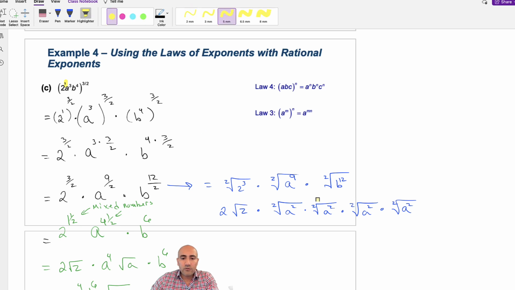So far I had 9 of them, and I've used 2, 4, 6, 8 of them. There's only 1 remaining. So then there's the square root of a to the power of 1. So that's 2, 4, 6, 8, and the 1 makes it 9. So that's all 9 of them.